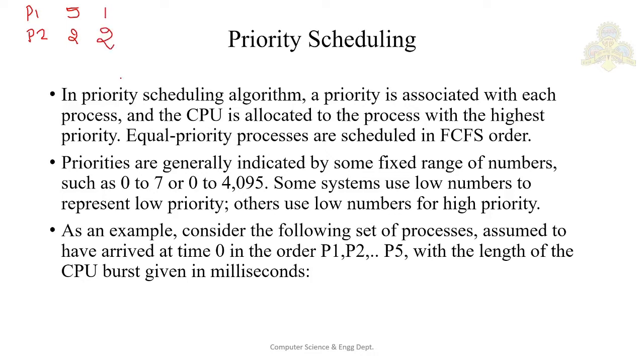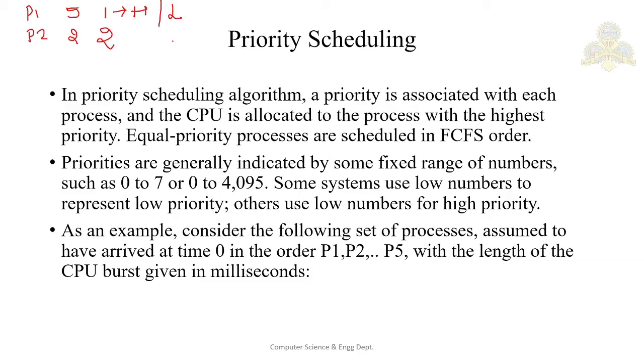In some systems, the lowest number in the priority column represents the highest priority process, or in some systems, the low number represents low priority. This would be specified in the problem.